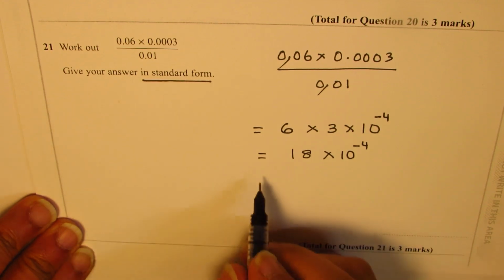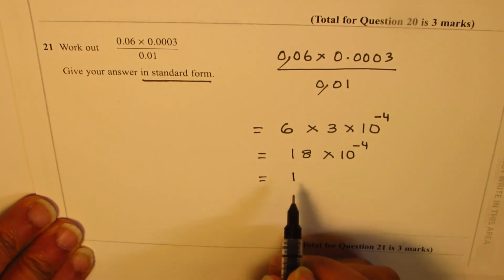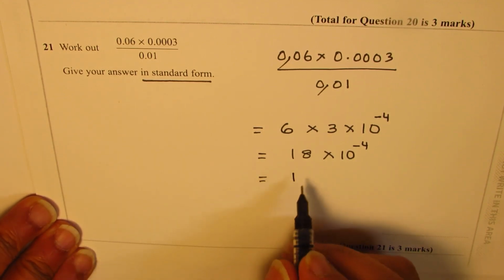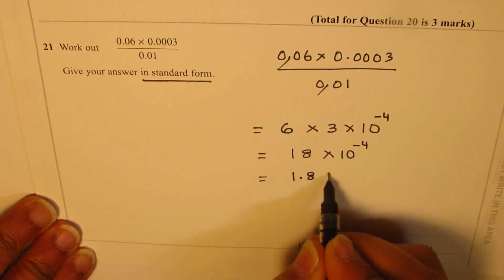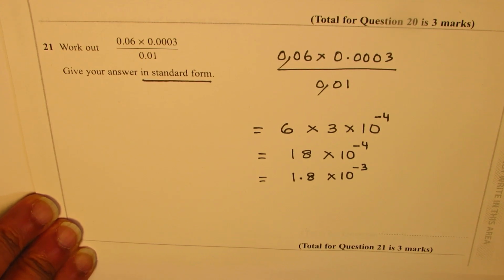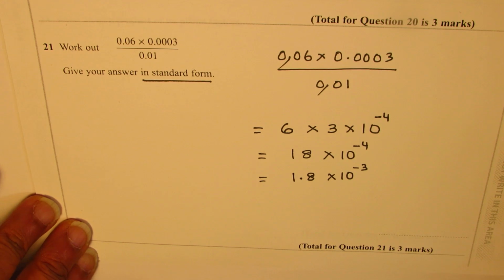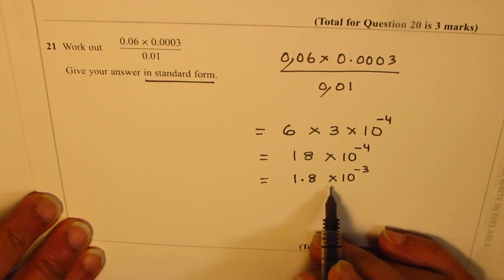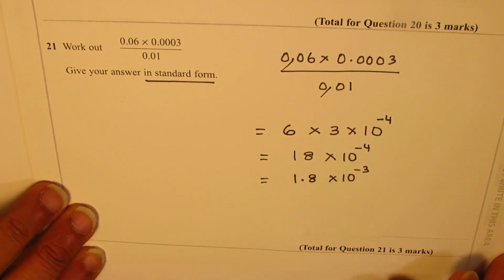In standard form, we have to write a number which is less than 10, right? So we'll write 1.8 times 10 to the power of minus 3. Does it make sense to you? So 1.8 times 10 to the power of minus 3 will be your solution.